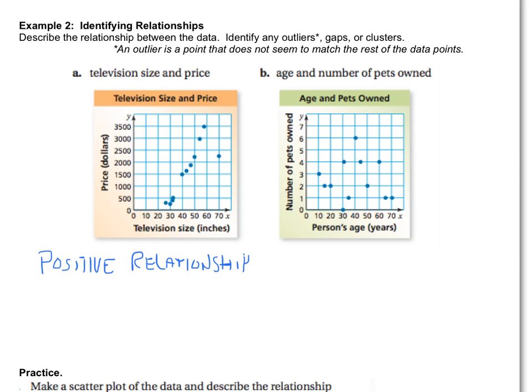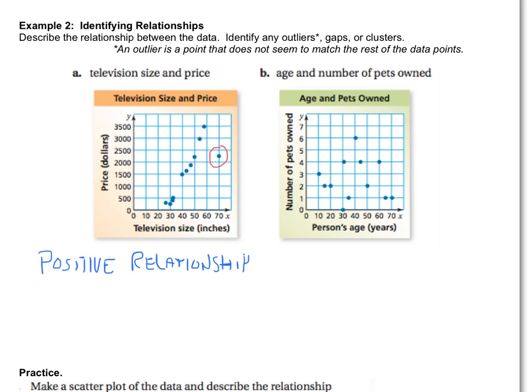Outliers are basically points that don't really fall in suit for the most part with the rest of them. In this first graph, I would probably say this one is a little bit of an outlier. You have a 70-inch TV, which is the biggest TV we have, for only about $2,200.